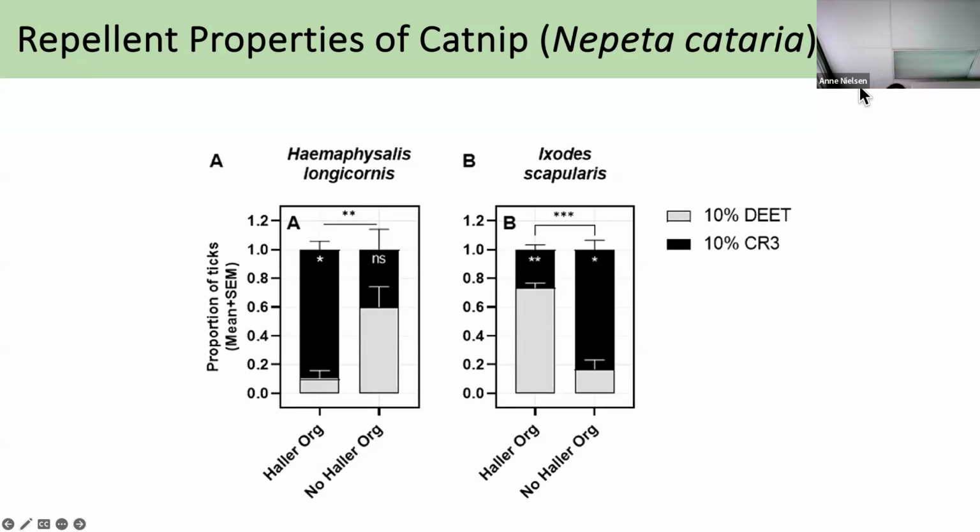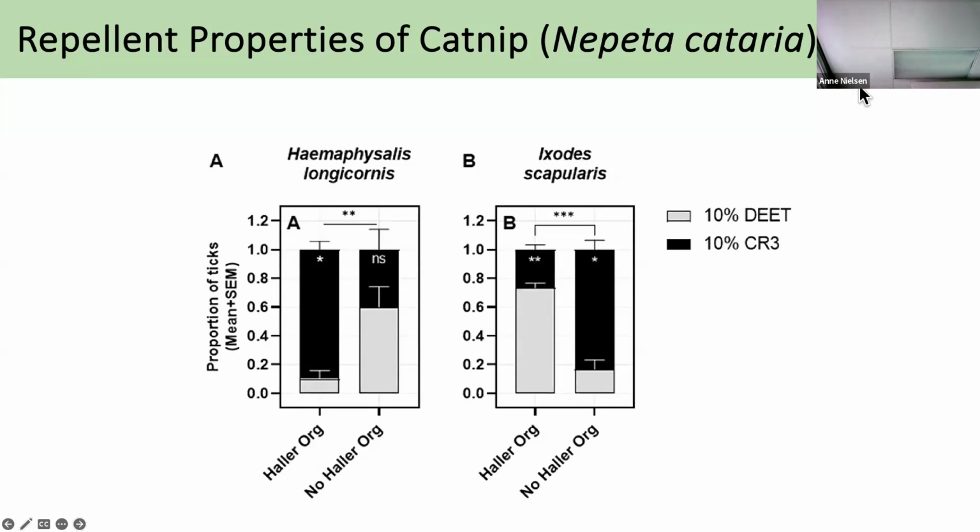So what we think is that the way Ixodes scapularis is detecting DEET and CR3 might be different from the way Haemaphysalis longicornis is doing it. Ixodes scapularis is a prostriata tick, a primitive tick, quite different from all the others, which include longicornis, Amblyomma americanum, Dermacentor variabilis, and so on and so forth.